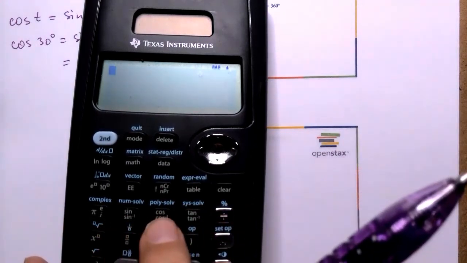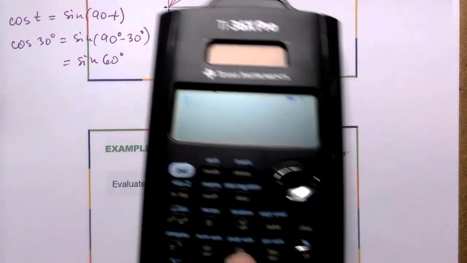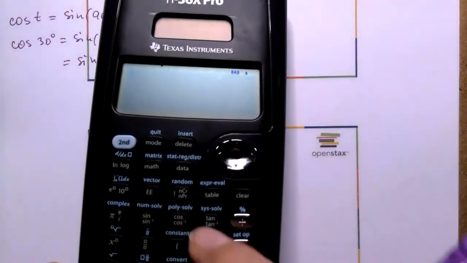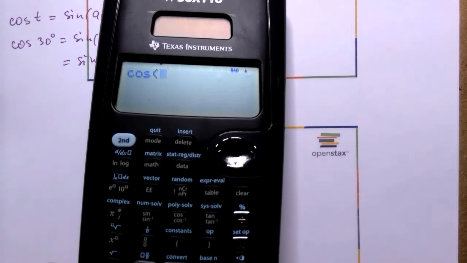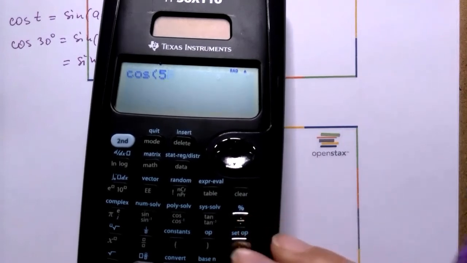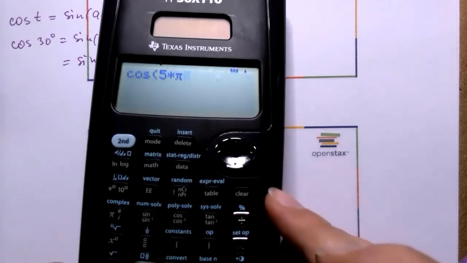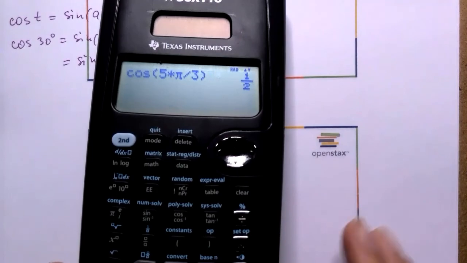Your sine is here, your cosine is here. So we need to calculate the cosine of 5 pi over 3. So I'm going to press cosine. The parenthesis opens automatically. 5 times pi is right here, divided by 3, and that's it.